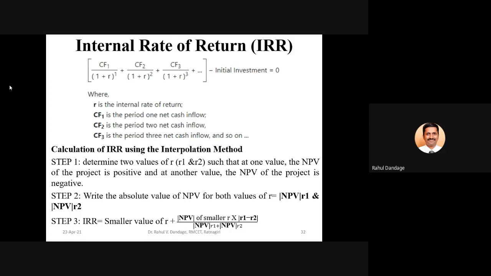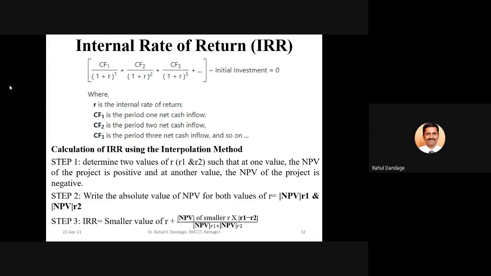Another method is to calculate the internal rate of return using the interpolation method. In this case, the formula is the same. We should get two values of the rate of interest such that the net present value for the project is positive for one value and negative for another. So we first assume one value and calculate the net present value.